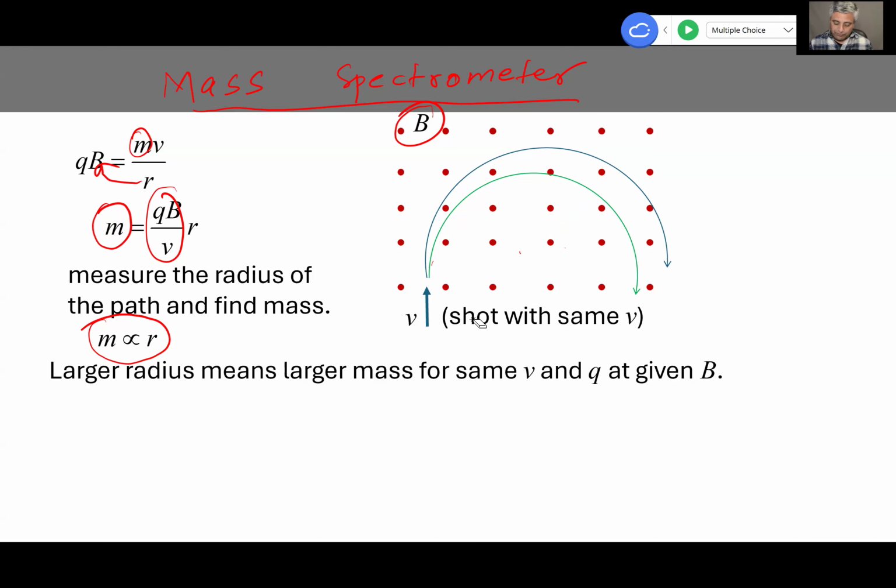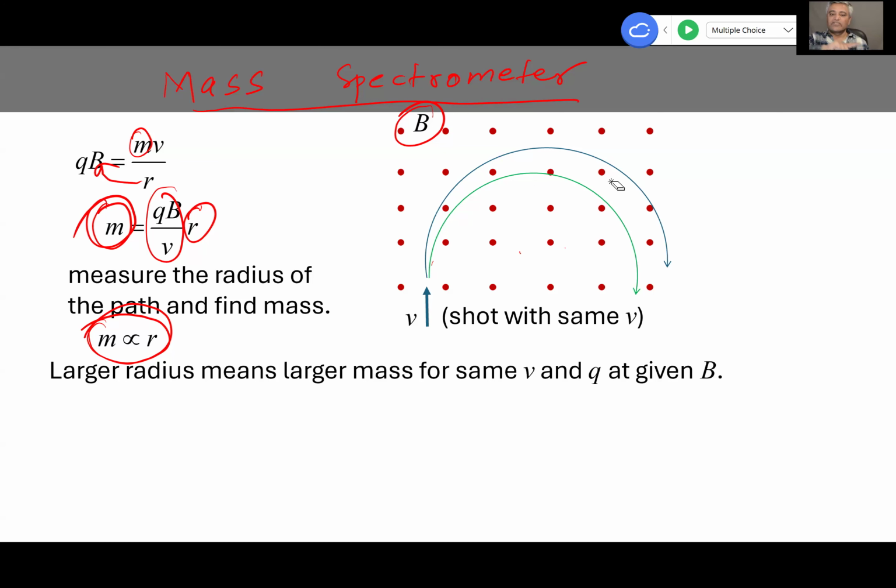Let's say you shot two similarly charged objects and found two paths. The outer one has a larger radius than the inner one, of course. Larger R means larger mass; mass and R are proportional. Larger mass requires a larger force to turn quickly.